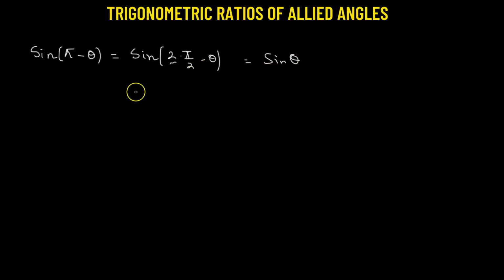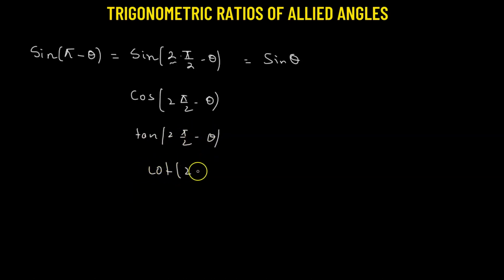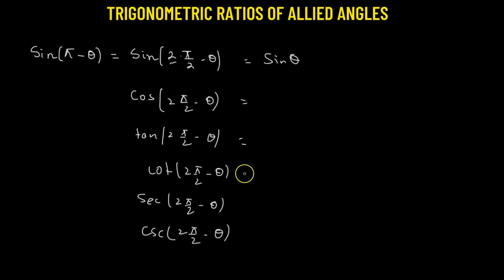Let's complete the remaining as well. So we have cosine of 2 pi over 2 minus theta. Then we have tangent of 2 times pi over 2 minus theta. We can have cotangent of 2 times pi over 2 minus theta. Secant of 2 times pi over 2 minus theta, and cosecant of 2 times pi over 2 minus theta, which will be equal to, so we can find out each of the values.